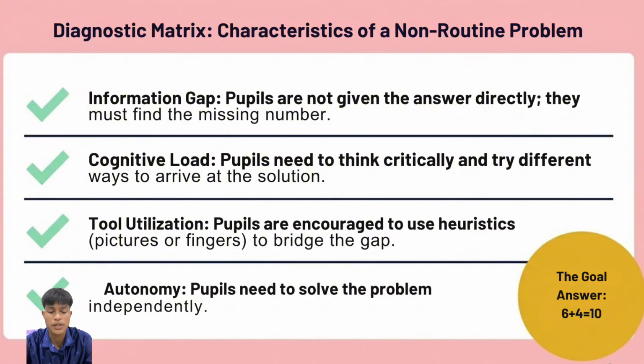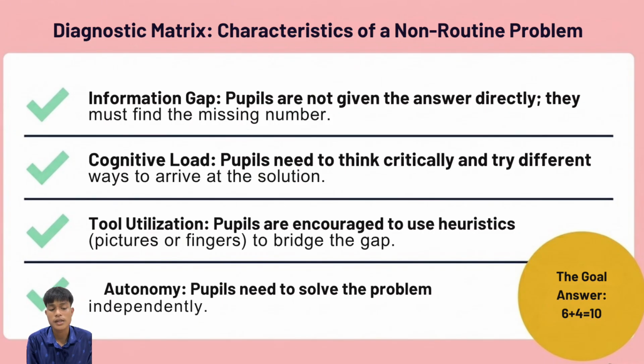Second, there is cognitive load. Pupils need to think more deeply and use different strategies to solve the problem. Third, there is tool utilization. Pupils can use heuristics such as pictures, fingers, number blocks, or number line. These tools help pupils understand the problem more clearly.